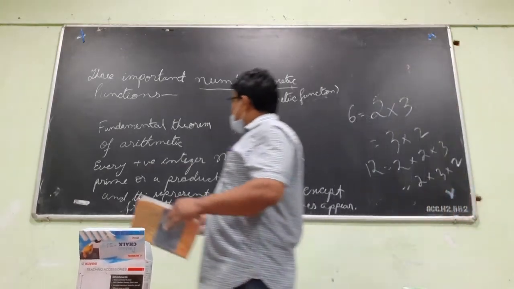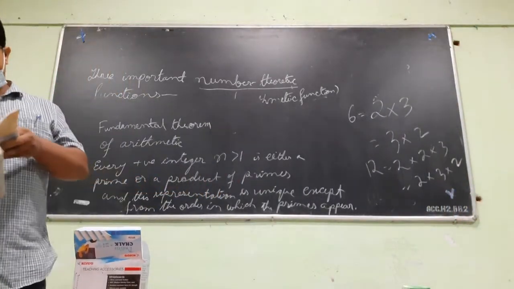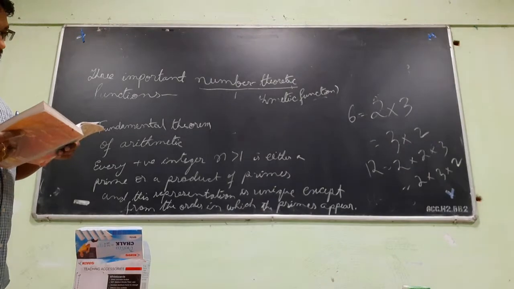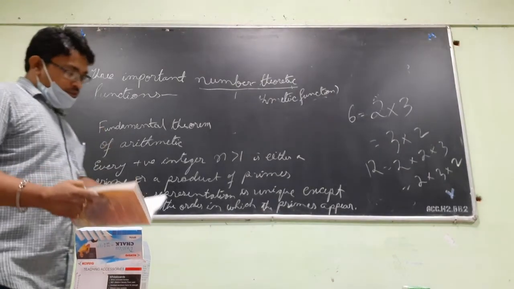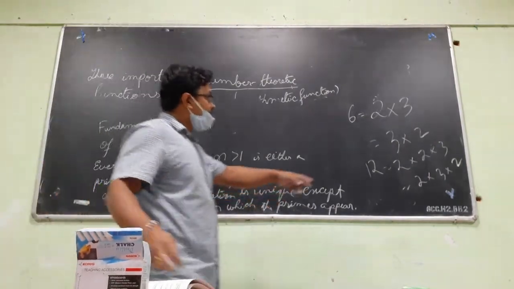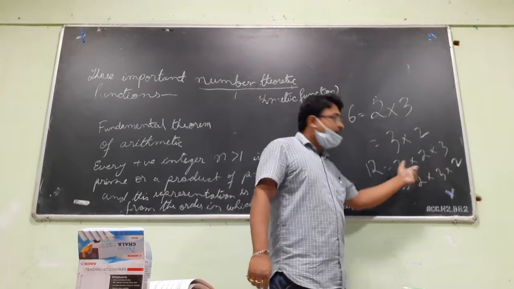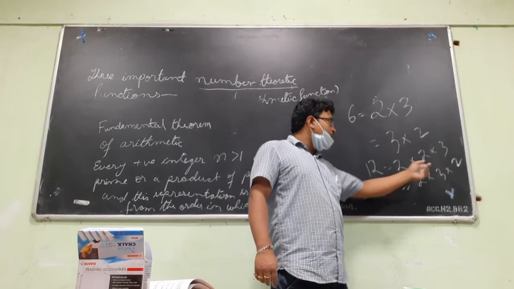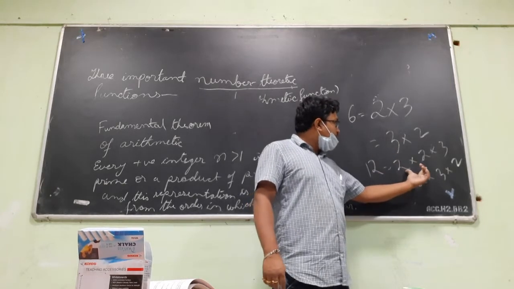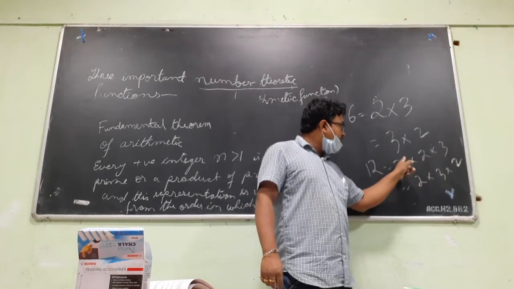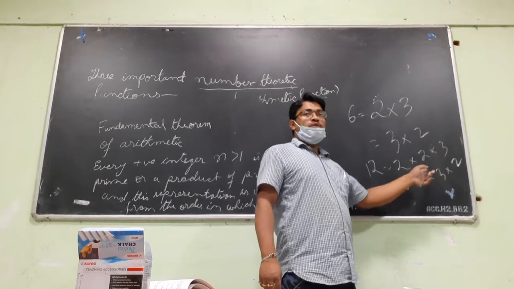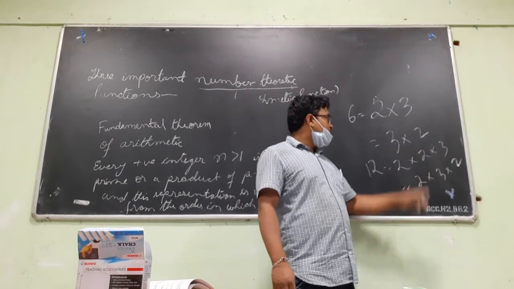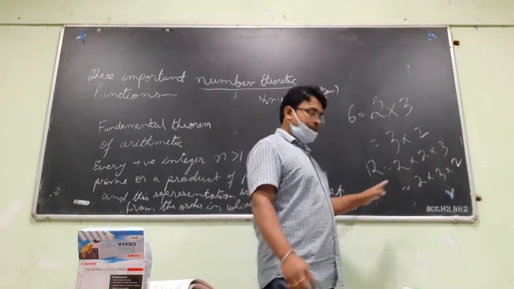As a consequence of that, there is this corollary. There may be repetitions of equal primes, so we collect the equal primes together. Here 2 and 2 are equal primes, so instead of writing 2 into 2, we write 2 square. 2 square is not a prime, right?